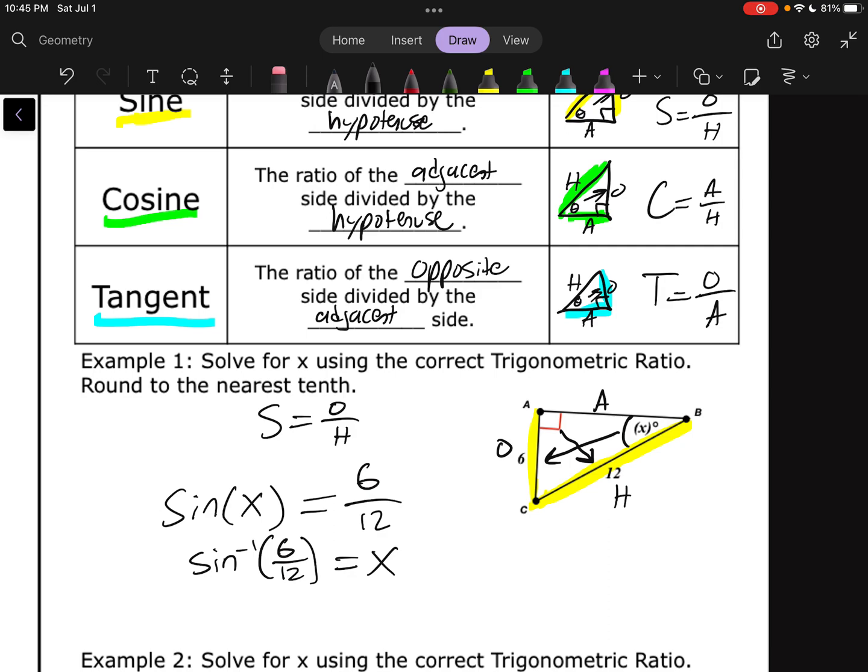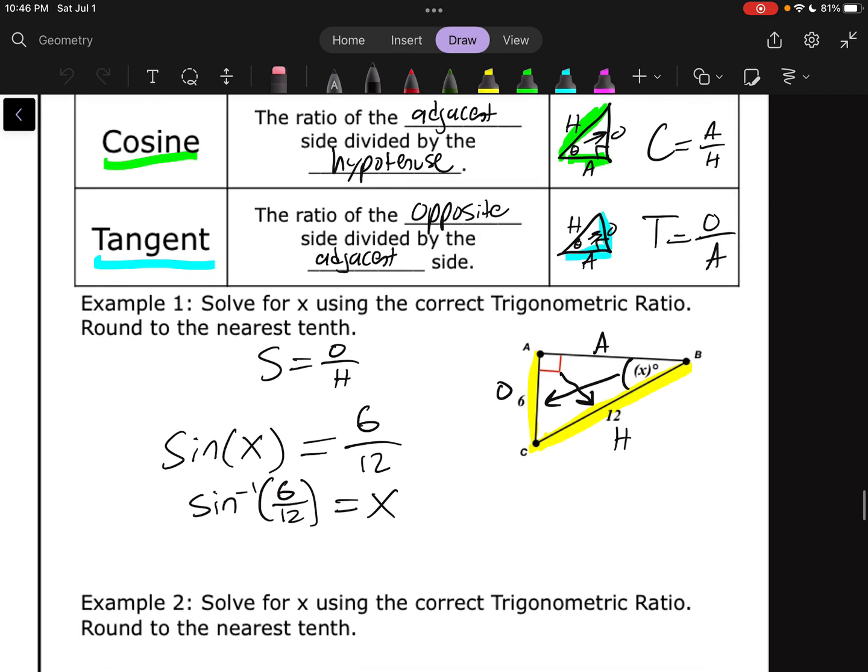There are inverse functions for everything, right? The inverse of addition is subtraction, inverse of multiplication is division, inverse of squaring something is square rooting something, right? There are inverse functions for just about anything. This is no different. This is the inverse sine function. Instead of putting in the angle, getting out the ratio, we put in the ratio, we get out the angle.